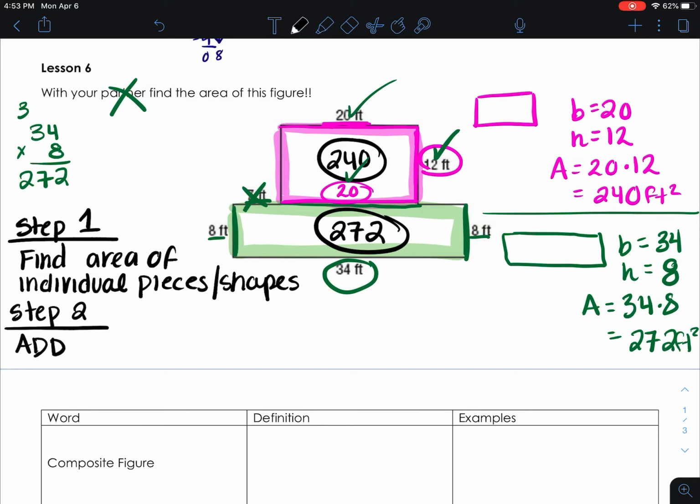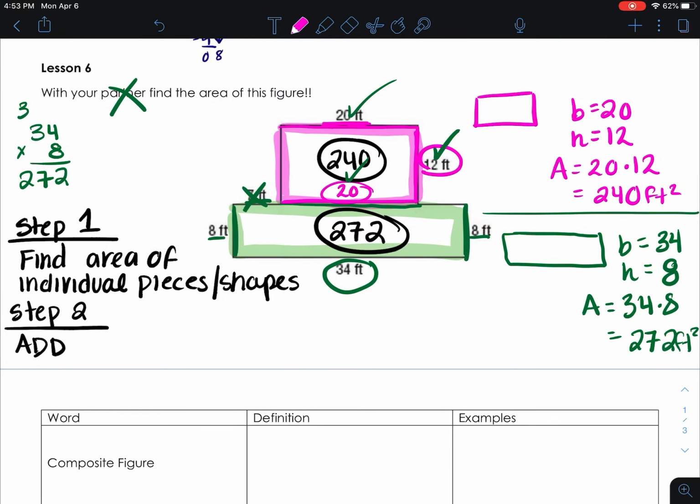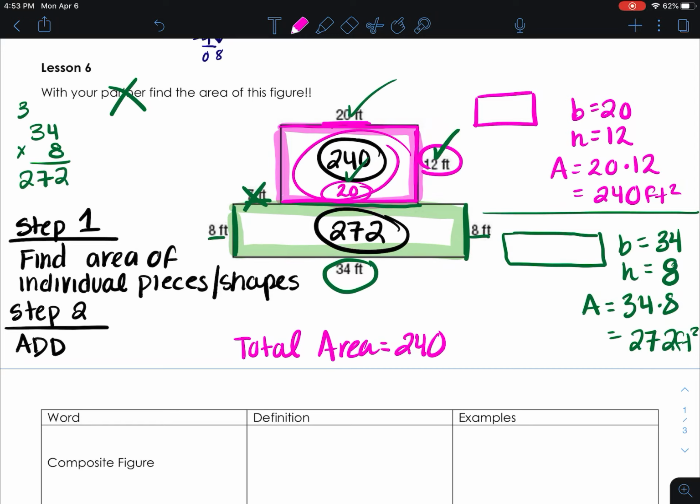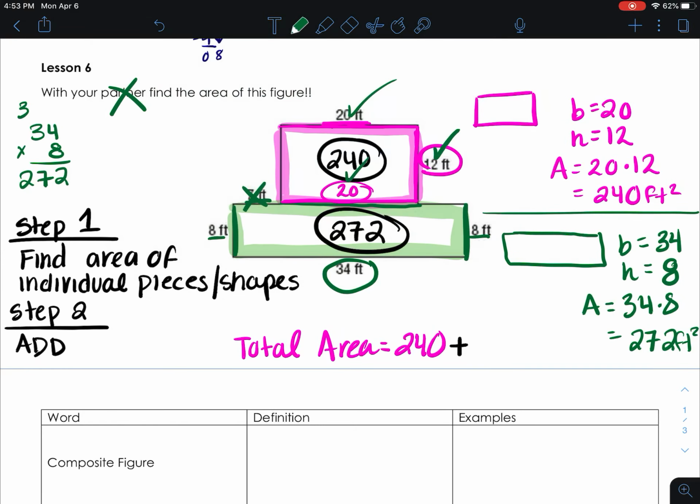So I'm going to go ahead and add the 240. The total area is going to be equal to the 240 that I got from this first one, plus the green one that I solved for, which is the bottom rectangle.